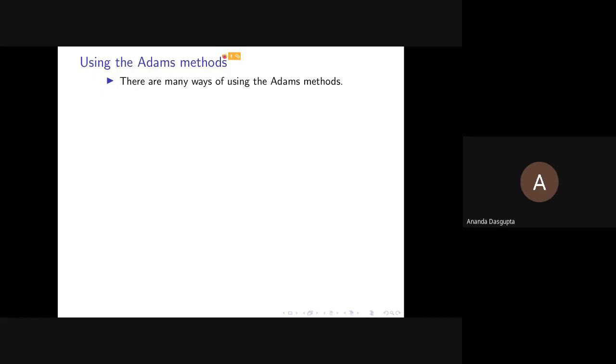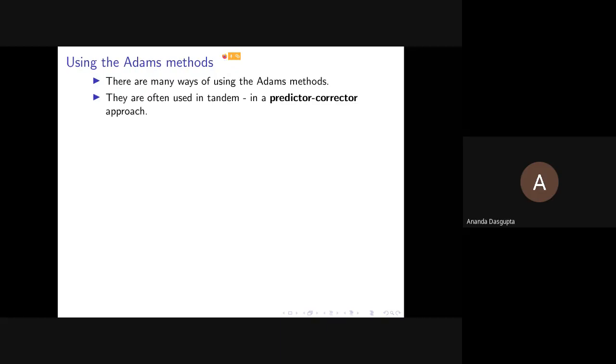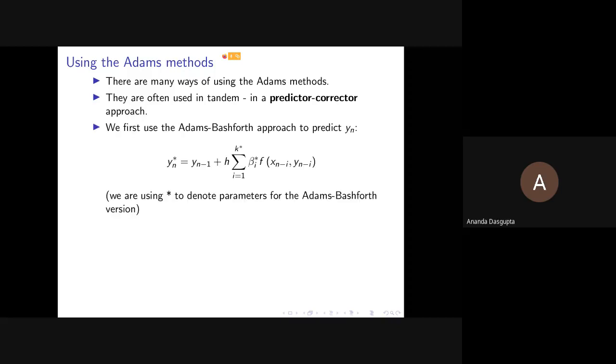Okay. So now, finally, let me quickly tell you, how would you use the Adams methods? They're often used together. The Adams-Bashforth and Adams-Moulton are used together. Look, the real problem is solving the equation.